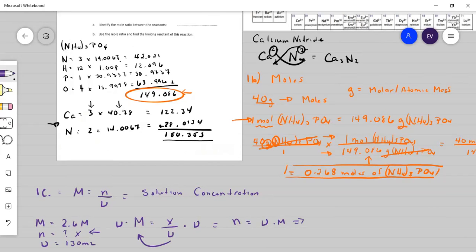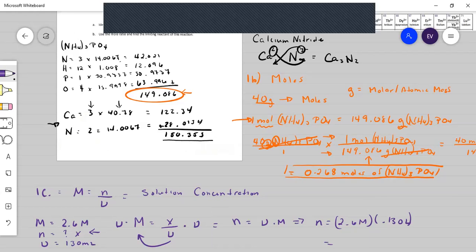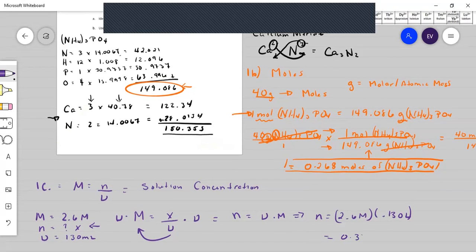Therefore, n is equal to 2.6 molar times 0.130 liters, okay? 2.6 times 0.130. And I know what you're thinking. You're thinking, hey, mister, you're making a mistake because it's 130, not 0.13. Yes, it is 130. You're absolutely correct.